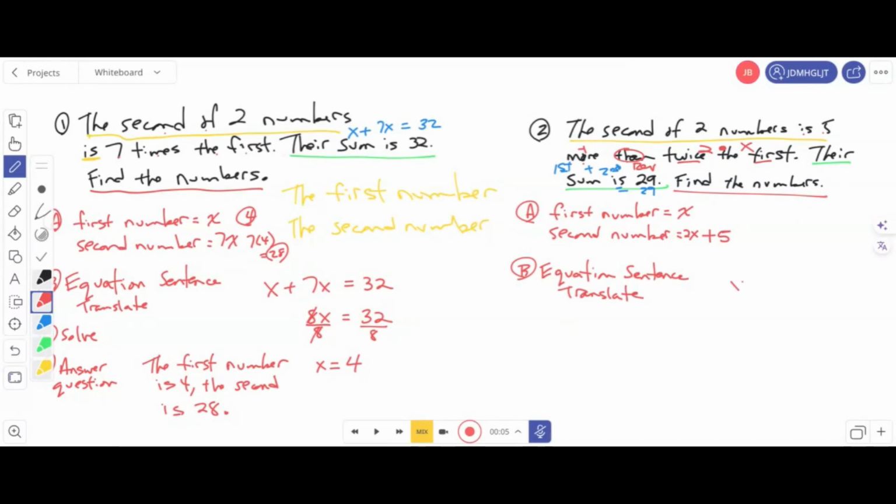The first number is x plus the second number is 2x plus 5. Those add up to 29. First number plus second number. Now we solve.